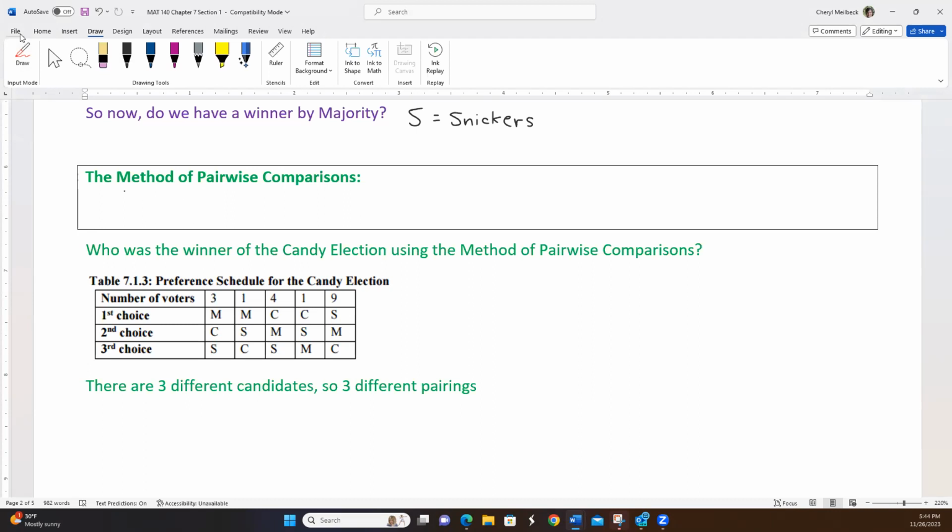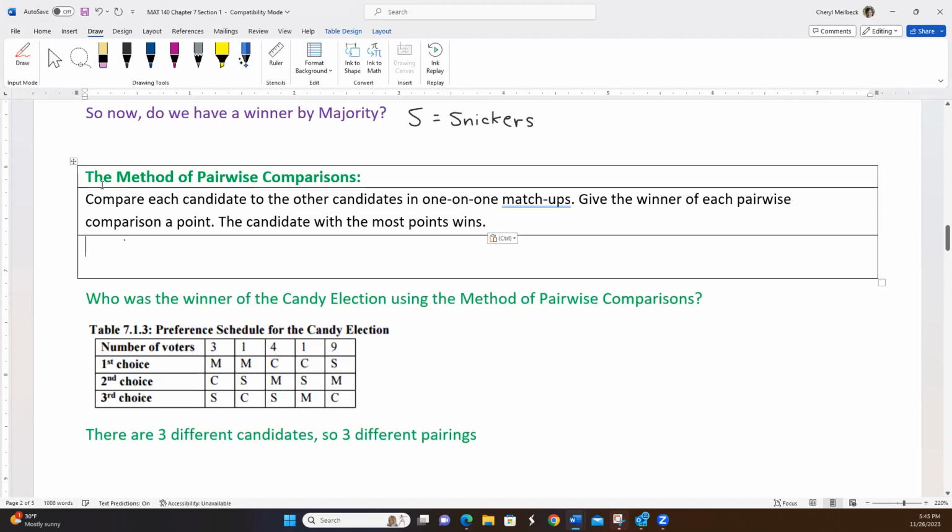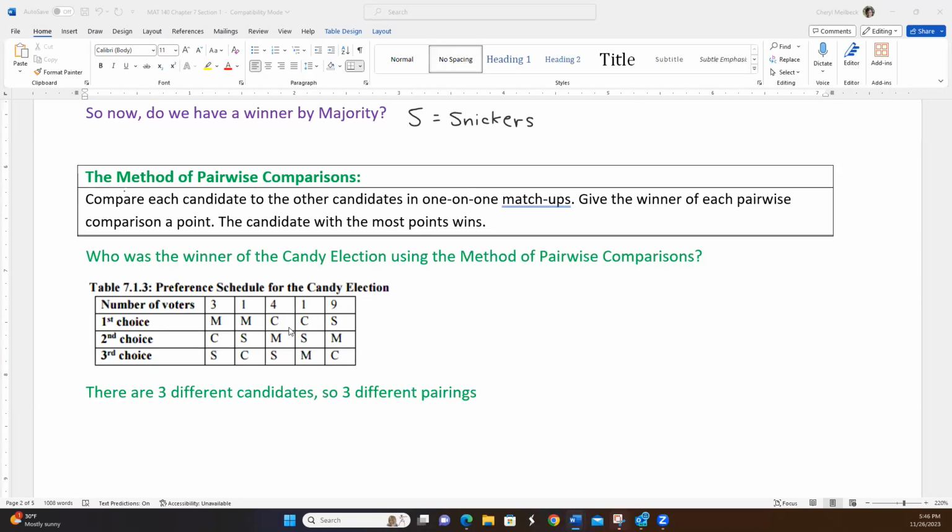We give the winner of each pairwise comparison 1 point, and the candidate with the most points wins. So we're going to pair up each of the candidates and give the winner of each pairing a point. Let me show you how that works.